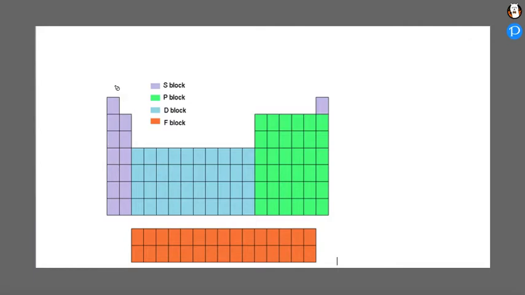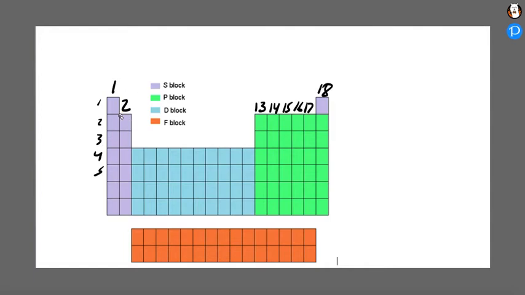Group 1, 2, 3, 4, 5, 6, 7, 8, 9, 10, 11, 12, 13, 14, 15, 16, 17, 18. These are my group numbers. We're going to forget about the transition metals for a second. And then we've also got periods, running this way: period 1, 2, 3, 4, 5, and so on. So periods run across, groups run up and down.